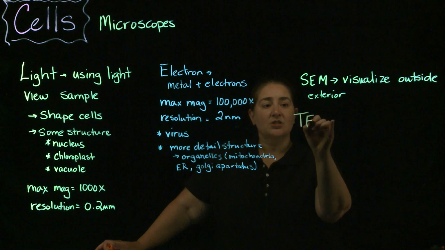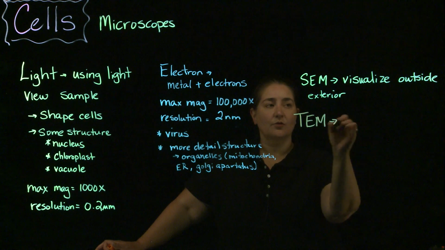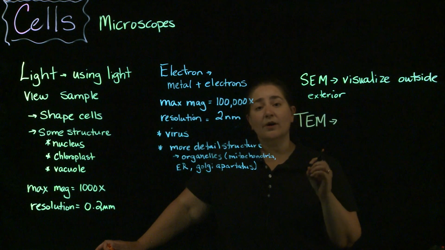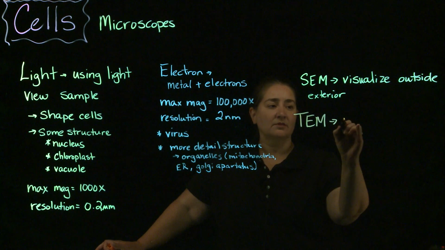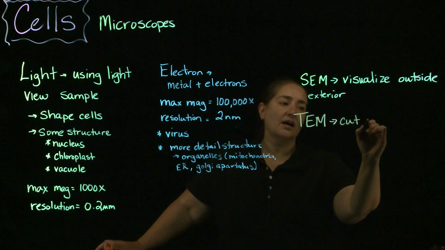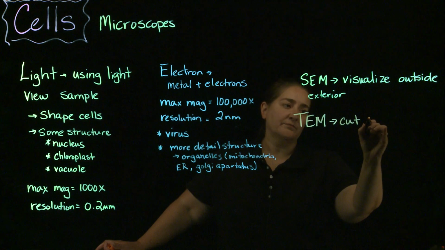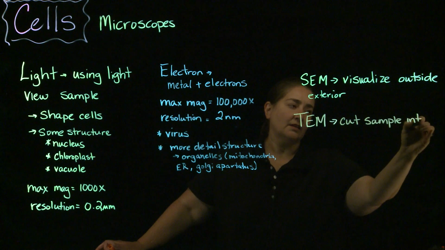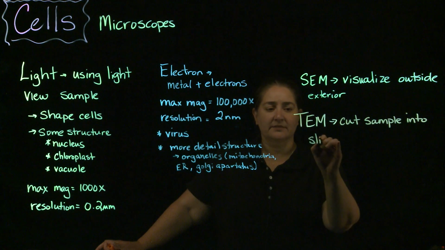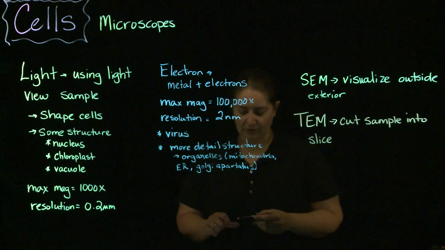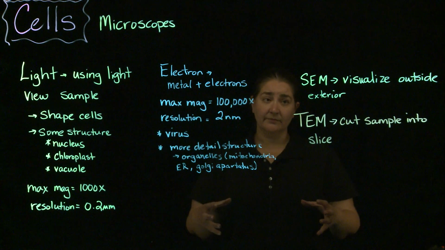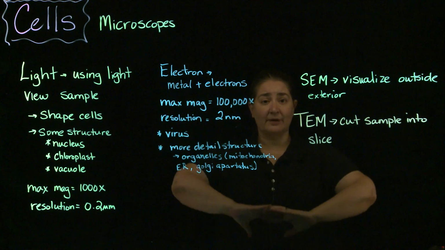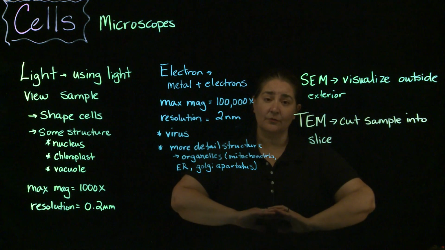The transmission electron microscope, this requires an additional step, okay? You have to cut your sample into individual slices. So if you're thinking kind of like a loaf of bread, the scanning electron micrograph might be able to look at the outside of the loaf of bread.